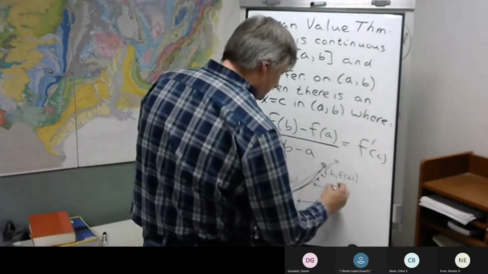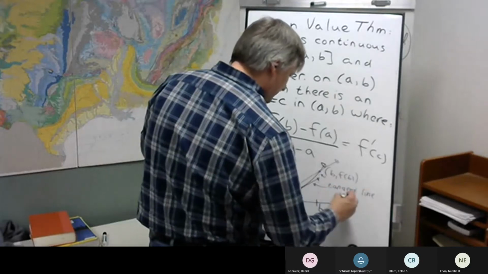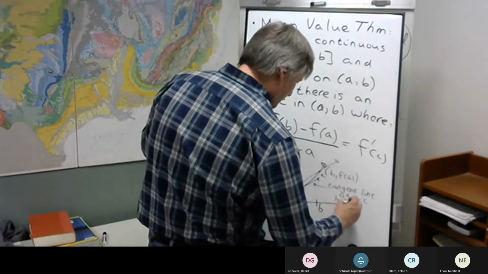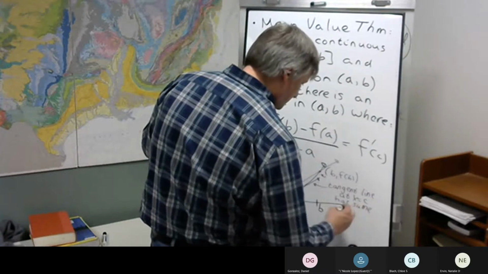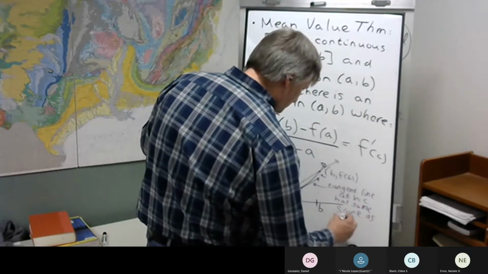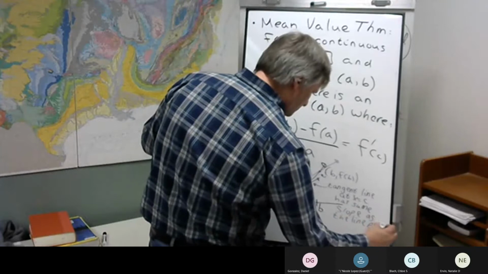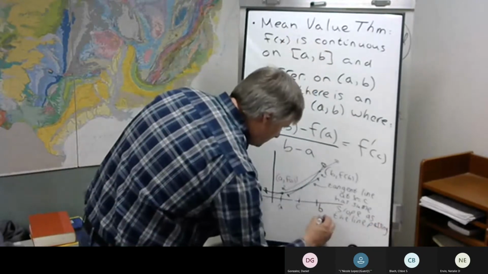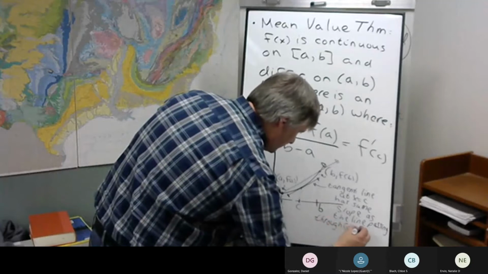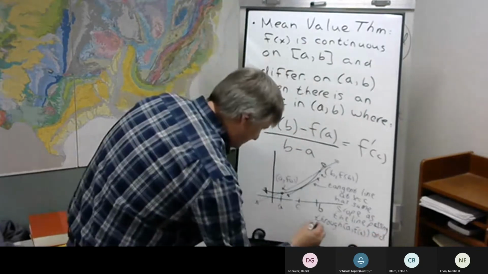So the tangent line at x equals c has the same slope as the line passing through a, f of a and b, f of b. It might be a little hard to see.